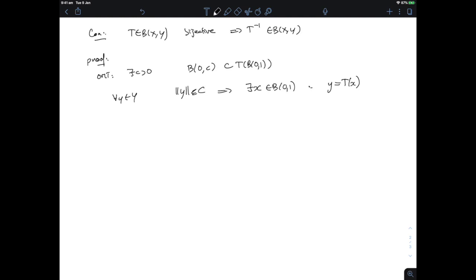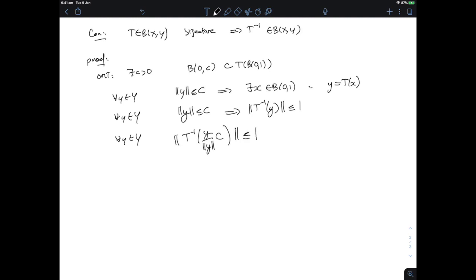Okay. But what is that saying? It's saying that for every y in capital Y, if it's smaller than c, then T minus 1 of y has to be, because T is a bijection, smaller than 1. Okay, but we can scale that and say that for every y in capital Y, T minus 1 of y divided by the norm of y and multiplied by c, say, is always going to be smaller than 1.